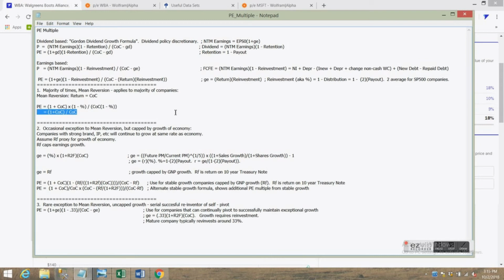Now, this doesn't always apply, but it applies often enough, in the majority of cases, that it's what the Polaris website defaults to.